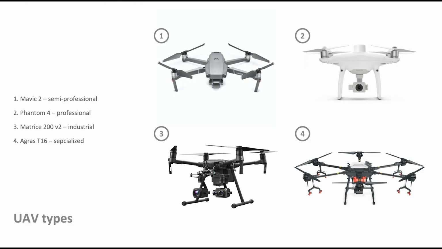There are mainly four types that they split into. You have a beginner level, then semi-professional, where you have a lot more features, and then more professional stuff, which is industrial grade for heavy duty work. And then you have specialized drones.